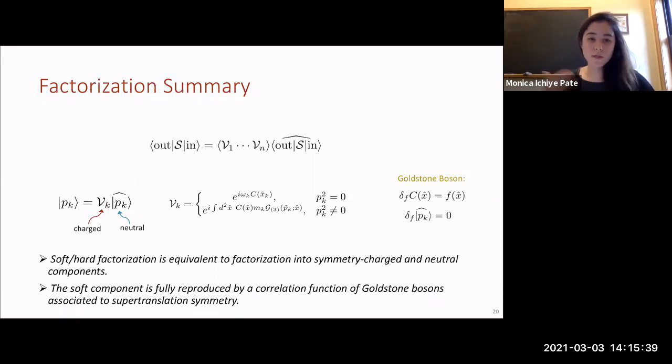Okay, so just to summarize what we've found so far, we've found that the factorization of the S matrix into an infrared-divergent soft part and an infrared-finite hard part is equivalent to the factorization of states into symmetry-charged and symmetry-neutral components, where the soft part is fully reproduced by a correlation function of Goldstone bosons associated to supertranslation symmetry.